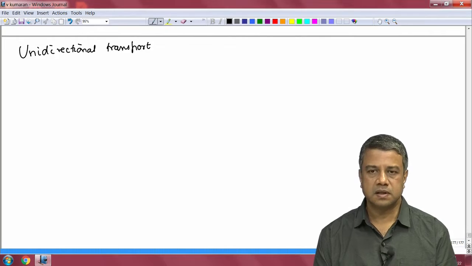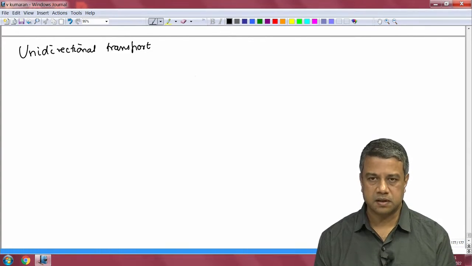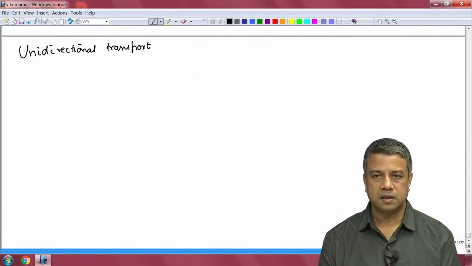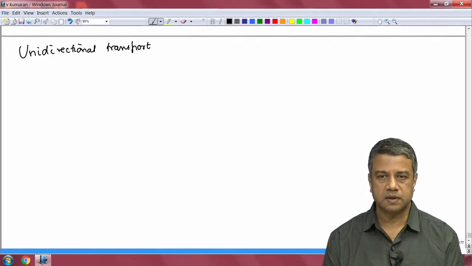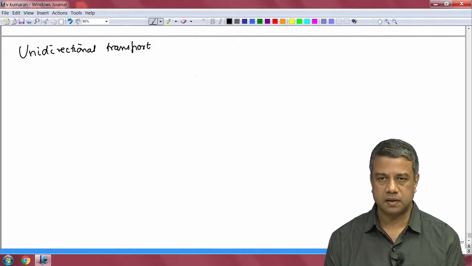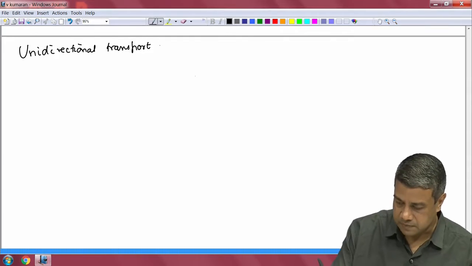First we considered transport in a Cartesian coordinate system, where the surfaces of constant coordinates are planes perpendicular to the z direction, and then we looked at a curvilinear coordinate system.